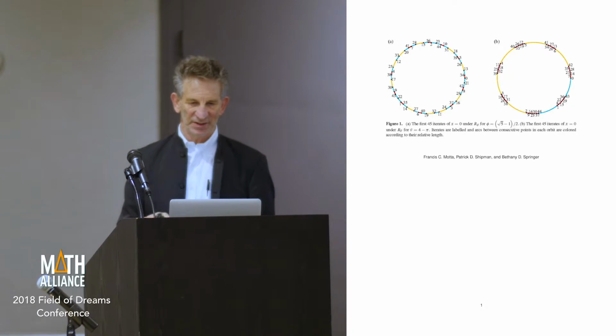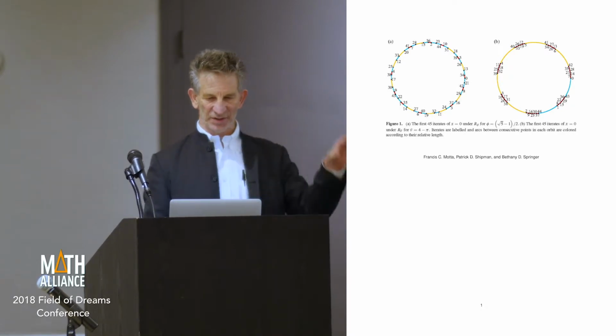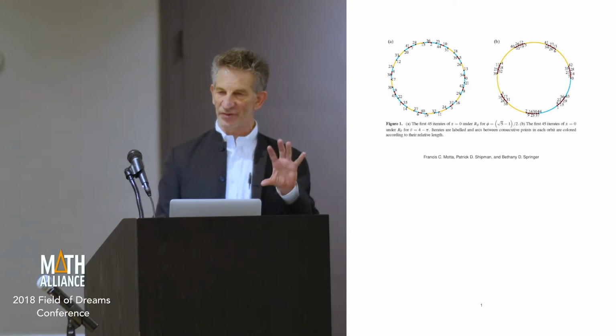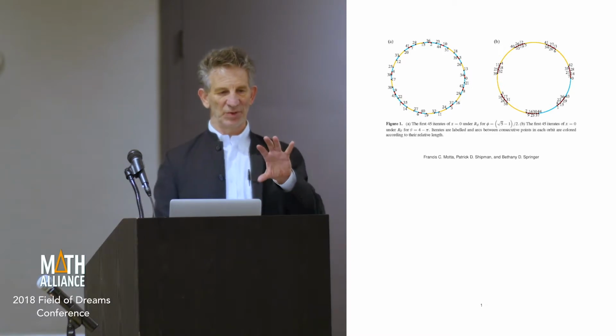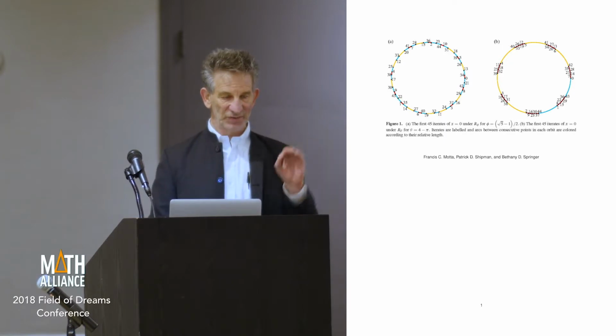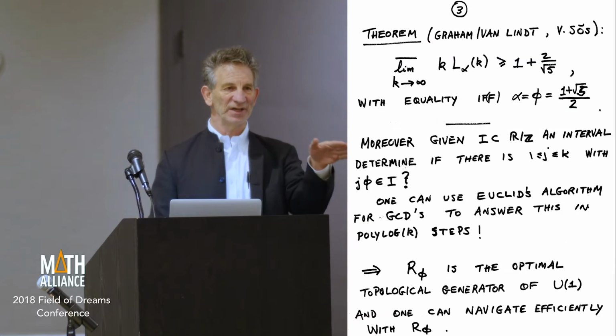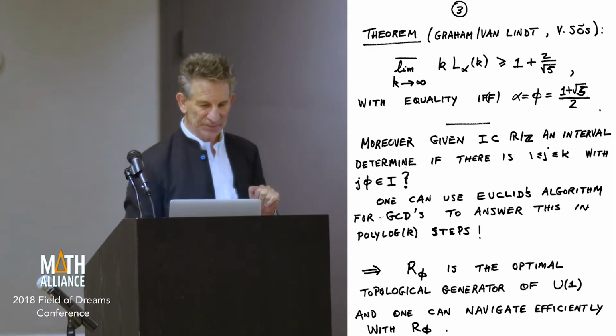And if you apply that to this golden ratio, you can not only show that it is the best generator of the rotation, but you can navigate, you can find your position. If you give me an interval in which you want to find the smallest time in which I get into that interval, you can find it very quickly.